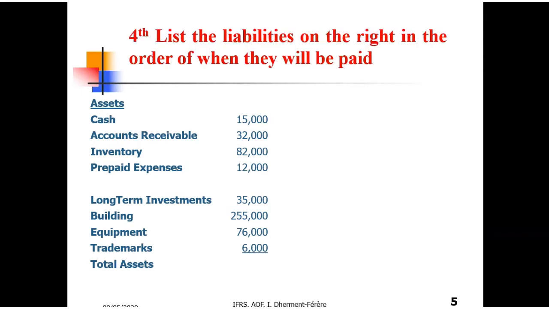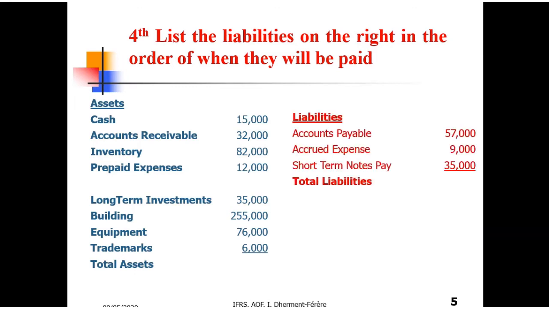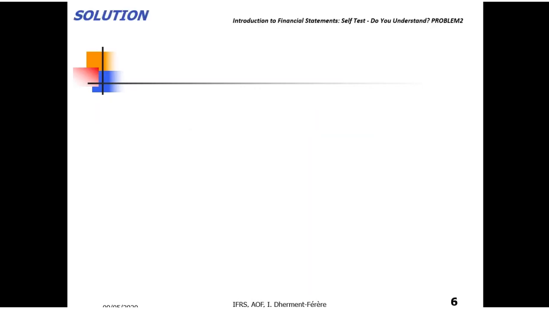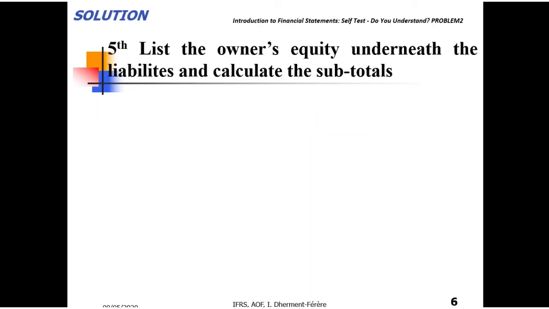Fourth, list the liabilities on the right in the order of when they will be paid. Fifth, list the owner's equity underneath the liabilities and calculate the subtotal.